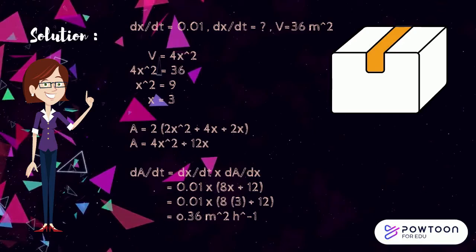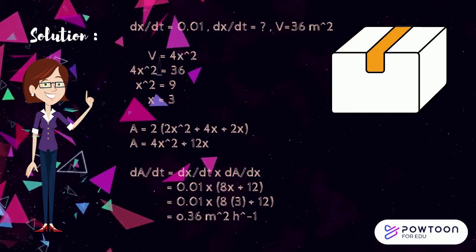So, to calculate the surface area of this tank: width times height, plus length times width, plus length times height. Then, multiply all of it by 2. So, we get the area of this tank is equal to 4x squared plus 12x.